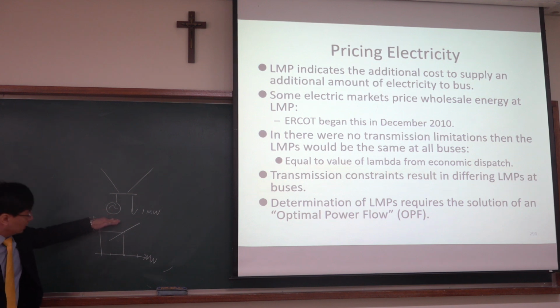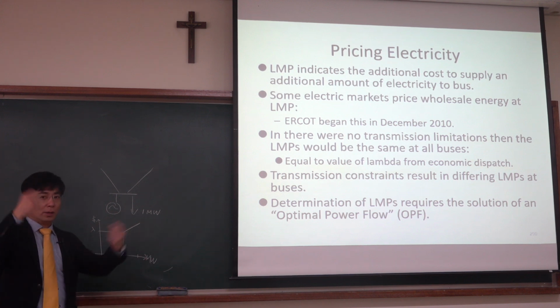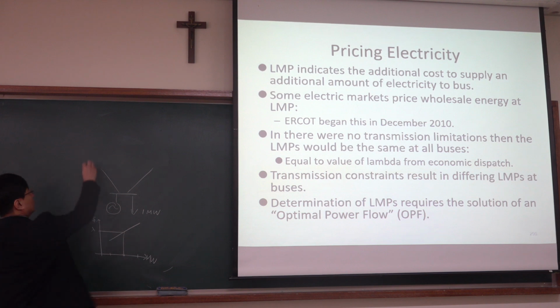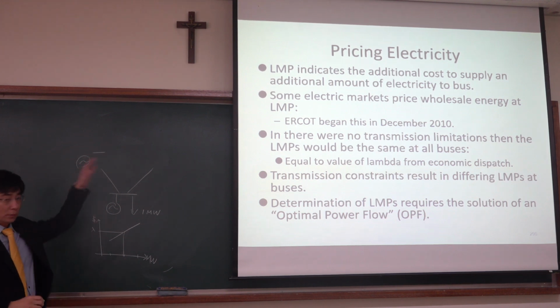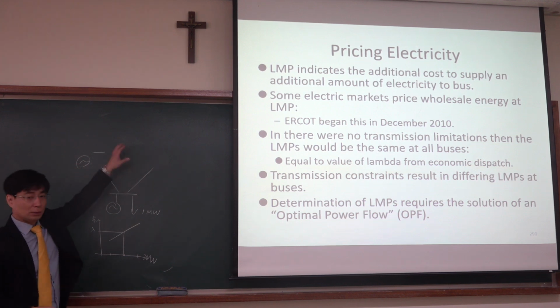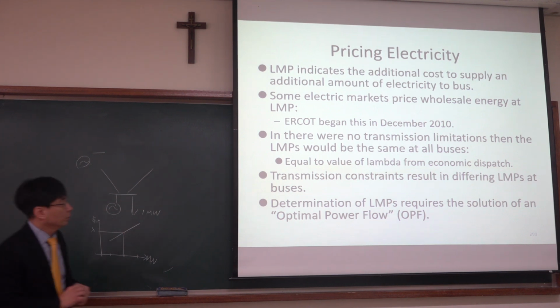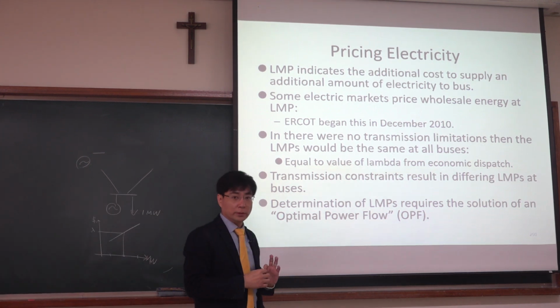And in that case, if we want to supply 1 more megawatt, other generators need to generate, right? Then you need to consider the marginal cost of the contributing generators, and also the transmission limits and power losses. So computing LMP is not trivial.